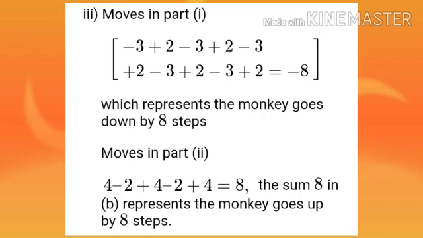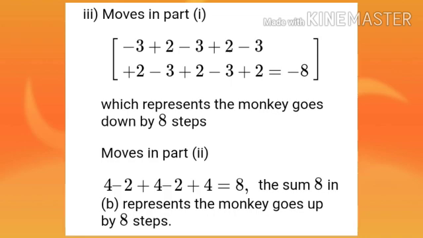In part 1, it moves 3 steps down, represented by a negative sign, and moves up are represented by a positive sign. So minus 3 plus 2, 3 steps down and 2 steps up. The sum of all these jumps is minus 8, which represents the monkey going down by 8 steps.